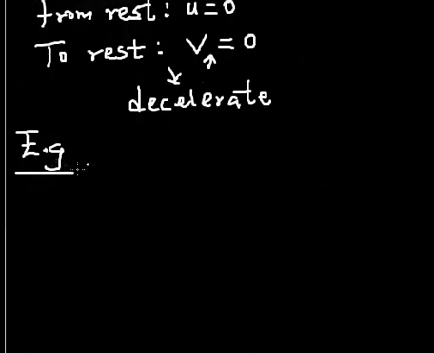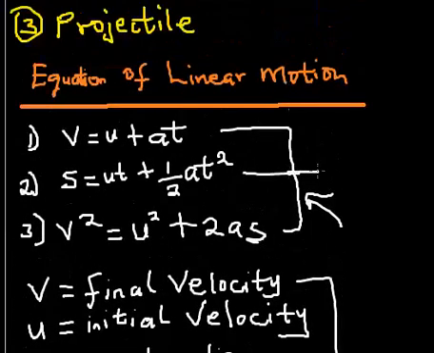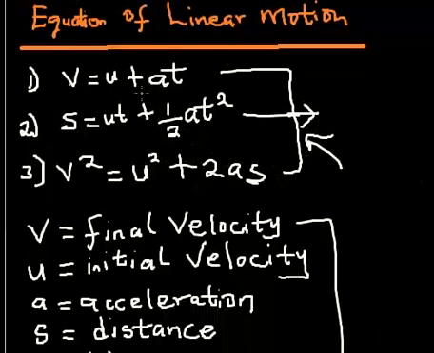The reason being that in the case of the equations of linear motion, we have three equations here, and you're not using these three at once. You're going to use just one equation to solve a particular task. So what determines the equation that you're going to choose depends on the parameters of the question.